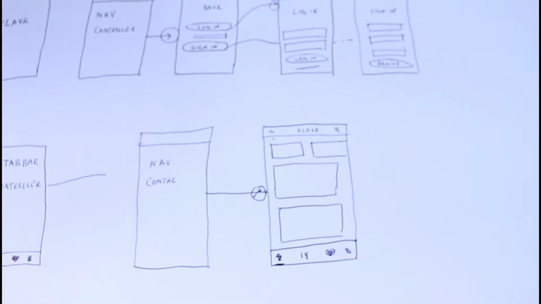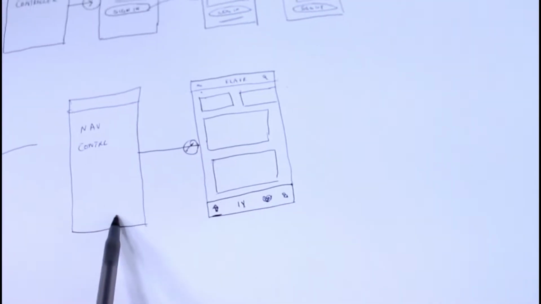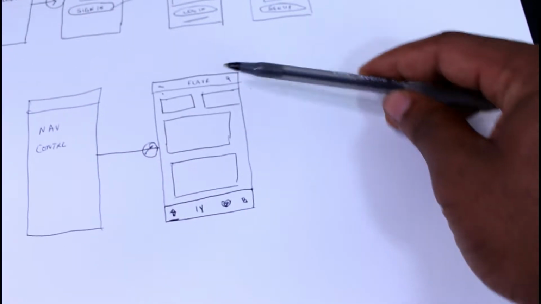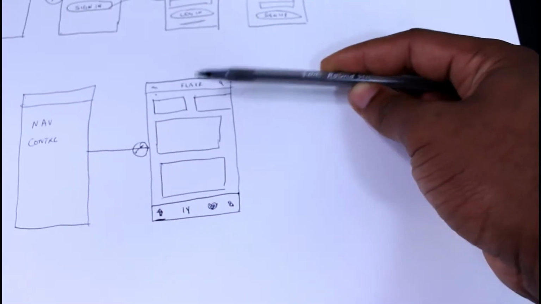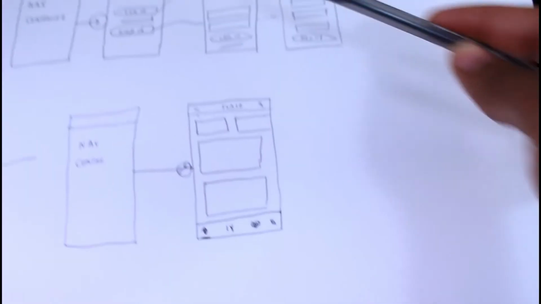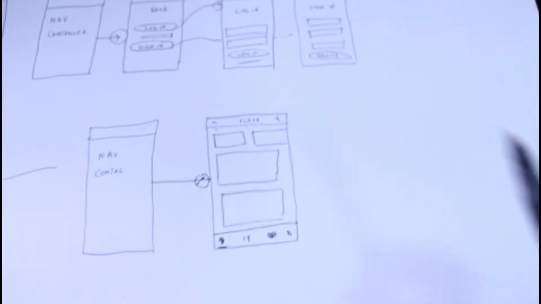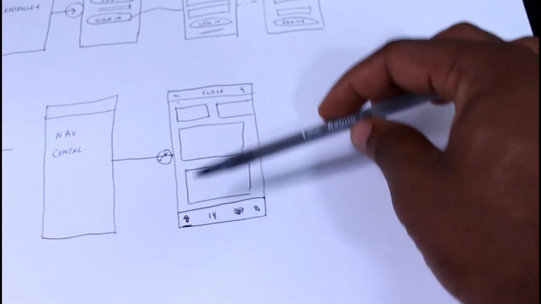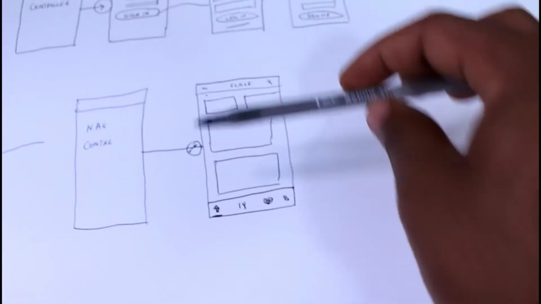So this navigation controller is going to be responsible for the navigation for this home screen and all the recipes. So if we click on this, it's going to open a recipe.